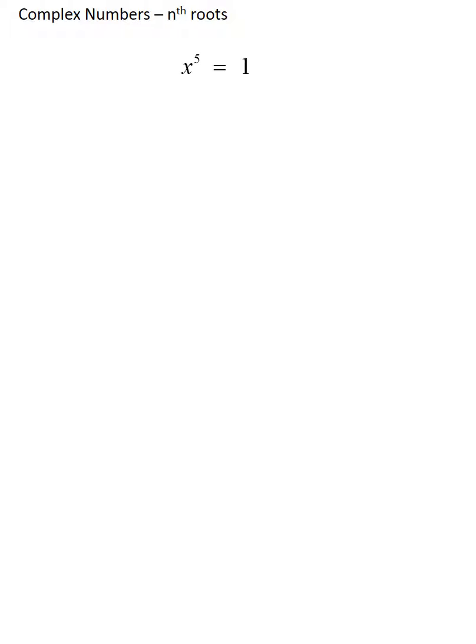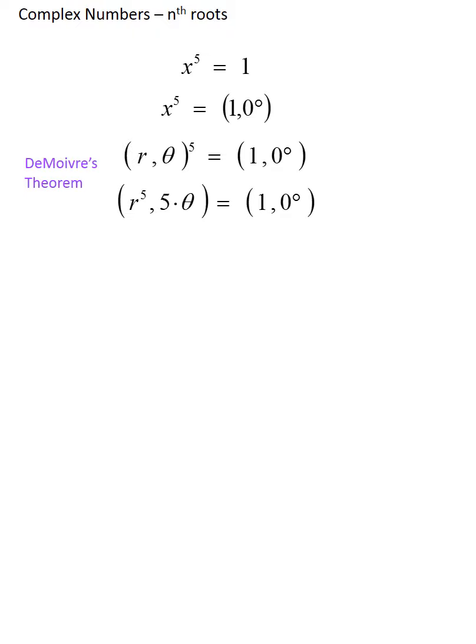And for our last problem, let's take a look at a fifth root. To solve this equation, I will do much of what I did in the previous problem. I'll express the right side in polar form, rewrite x in its component format, apply de Moivre's theorem, and make equations that will find one pair of possible values for r and theta.